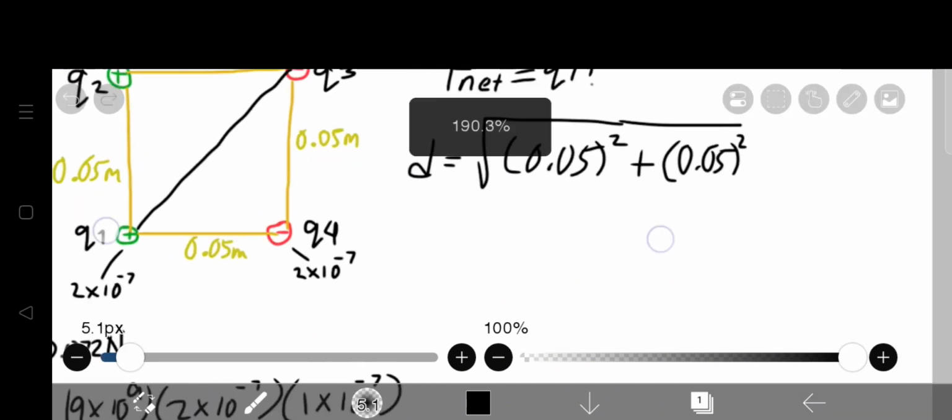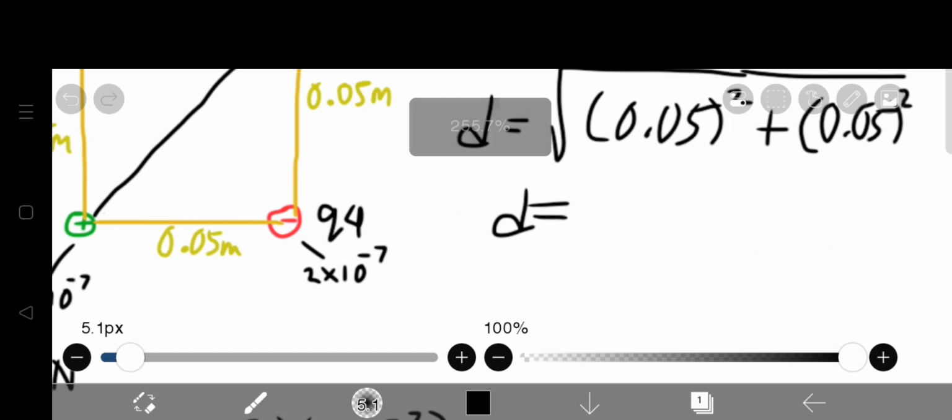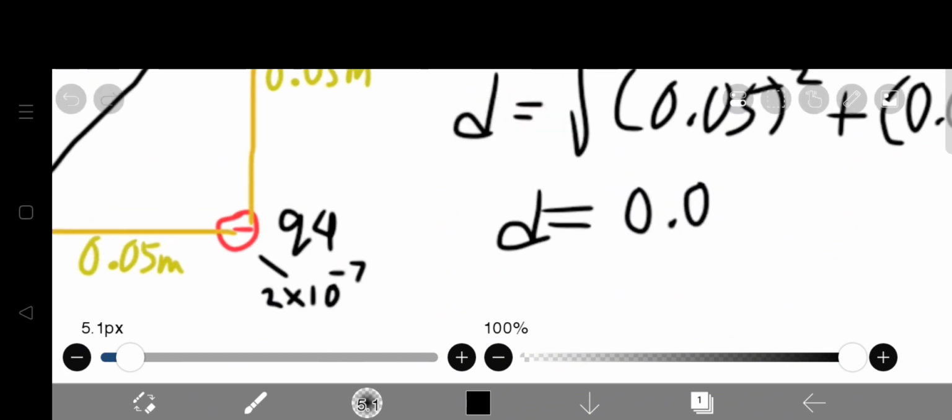So, makukuha mo na yung distansya between Q1 and Q3 and that would be 0.071 meters.